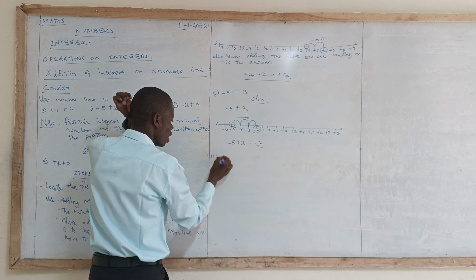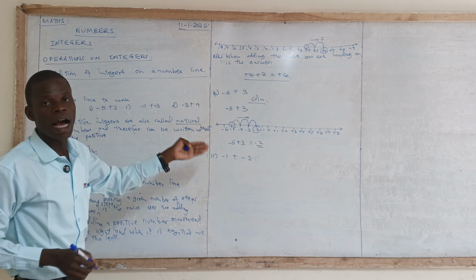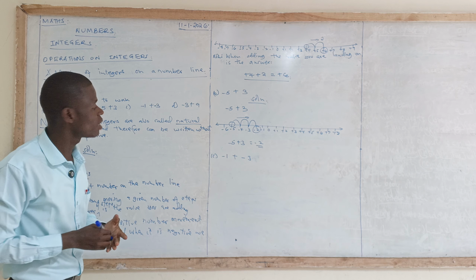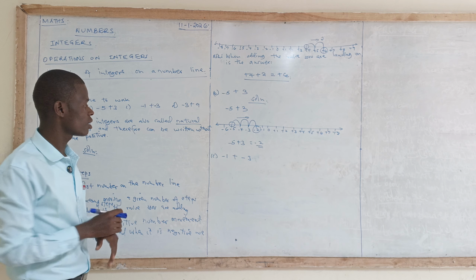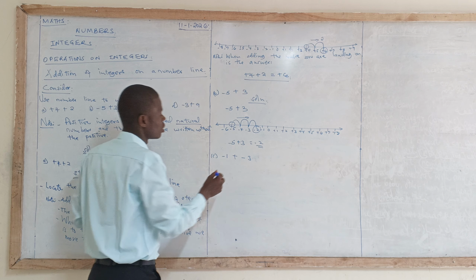So C, we have negative 1 plus negative 3. We cannot be adding all positives. We can also add a negative and see how our answer is.